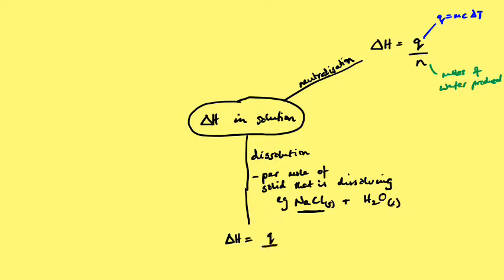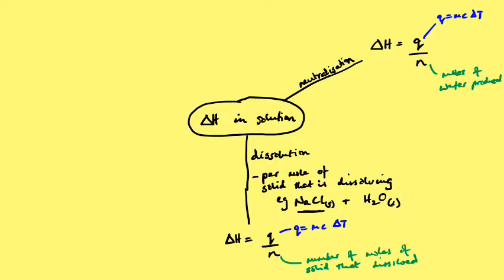So again, it's Q over N, and as always, our Q is from Q equals mc delta T, but in this case, our N is going to be the number of moles of solid that dissolved. So if you dissolved 0.1 of a mole of sodium chloride in some water, that would be what N is in this case. It would be 0.1. Okay, so hopefully that's clear.